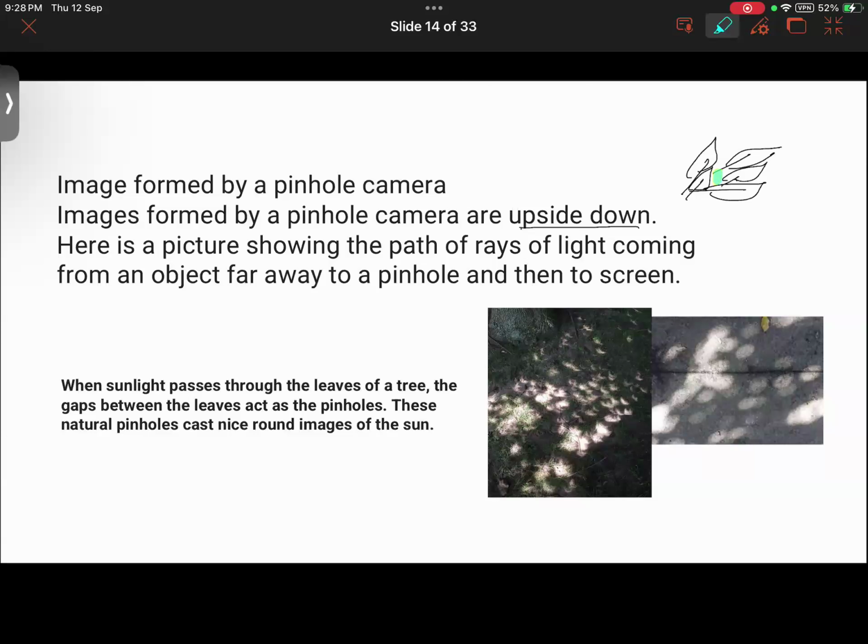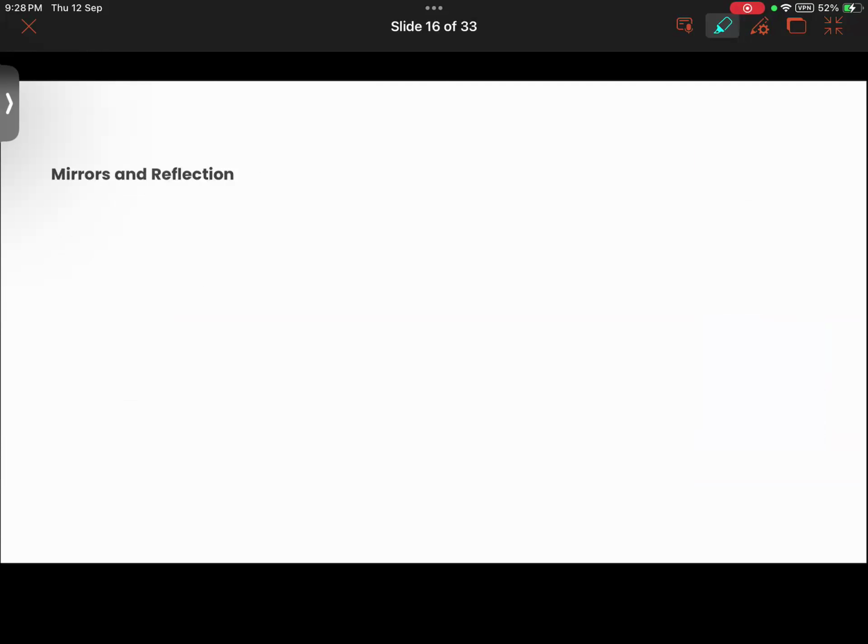These small gaps between the leaves will also act as small pinholes. So when the sunlight passes through the gaps between the leaves of the tree, they also act as pinholes. These are examples of natural pinholes, and we can see these round images of the sun being formed on the ground. So we have some natural pinhole cameras also.